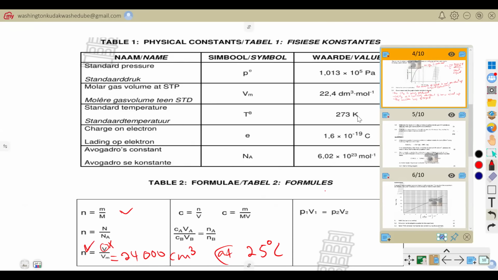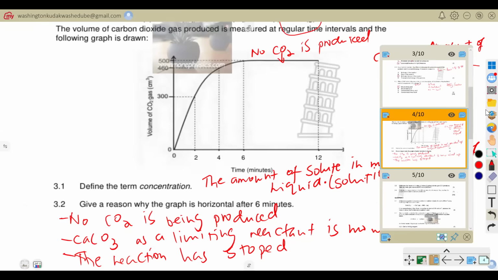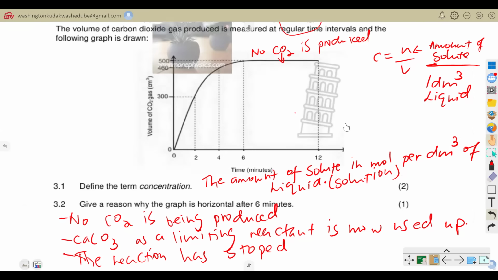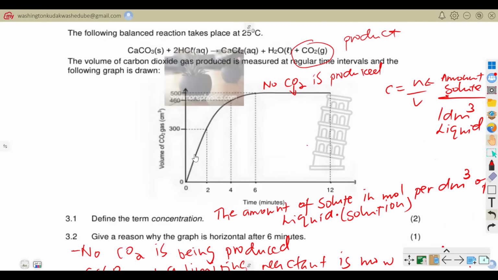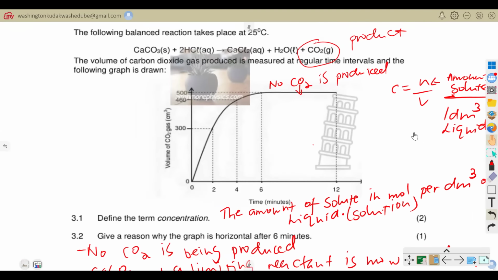We are given this graph, and the total amount of carbon dioxide that was produced is equivalent to 500 cubic centimeters. That is the total volume of carbon dioxide that has been produced. So we have this volume.